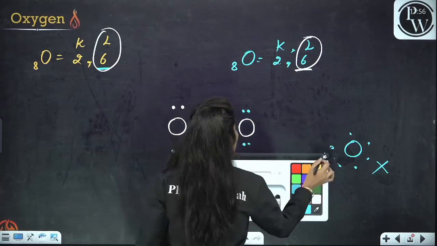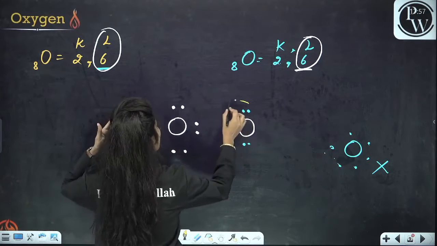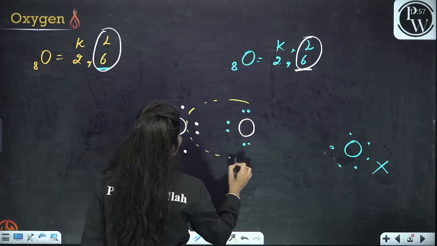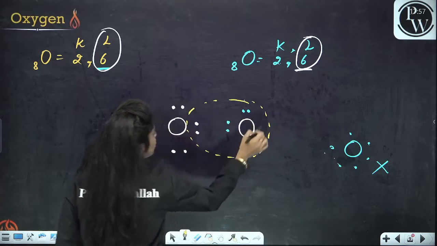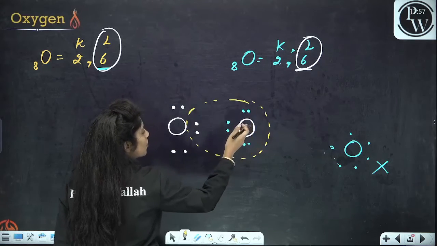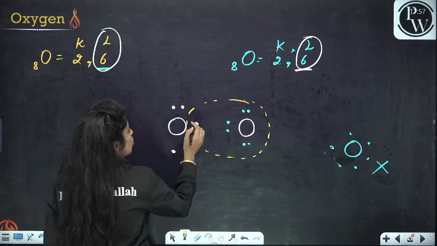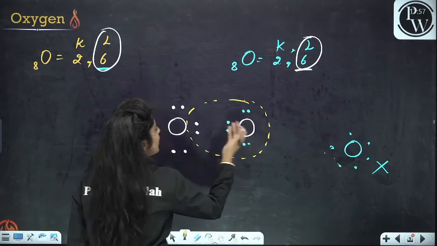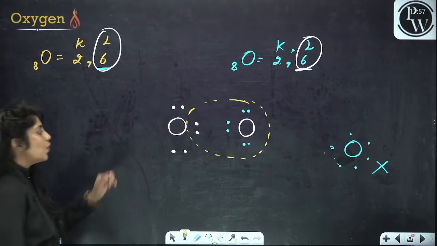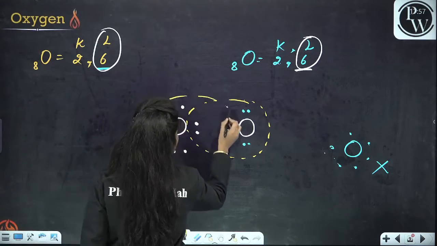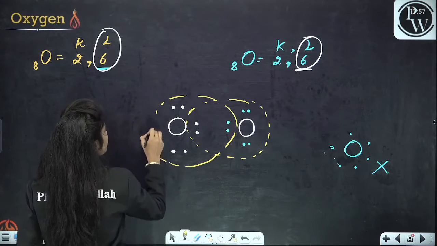Now this is the time to check whether they are completing their octet or not. So this oxygen has 6 electrons from itself, and these are the 2 electrons which are in the sharing. So 1, 2, 3, 4, 5, 6, 7, 8. 8 electrons are completed. Now on this side, this oxygen is doing the same duty.